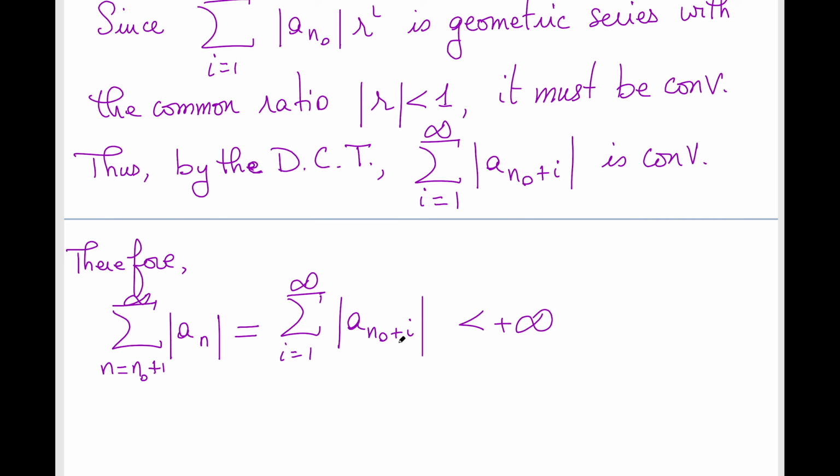What's the first term of this series? When i is 1, we have the absolute value of a n naught plus 1, right? So it starts when n is n naught plus 1, and it keeps going all the way to infinity. You can list the elements of this series and convince yourself that this is exactly that series.